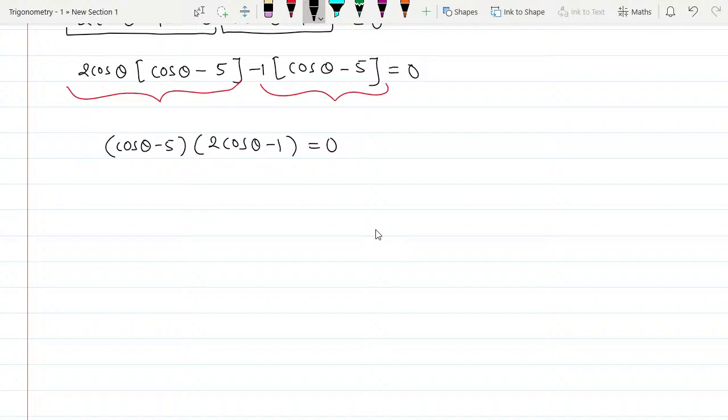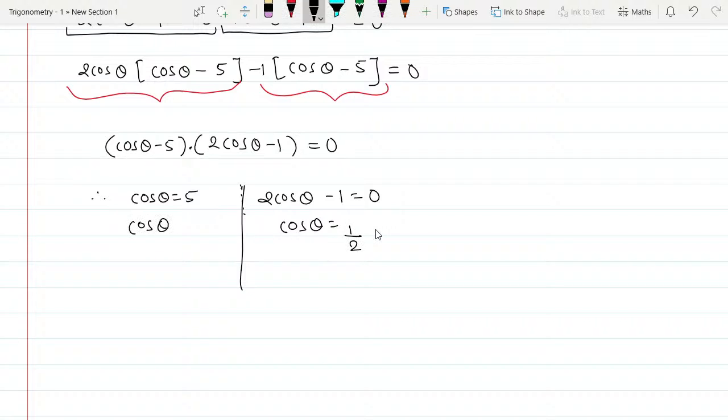Again we see the product of two terms, so either this is 0 or this is 0. Therefore either cos theta is equal to 5 or 2 cos theta minus 1 equals 0. From this, cos theta is equal to 1 by 2, and here we have cos theta equal to 5.